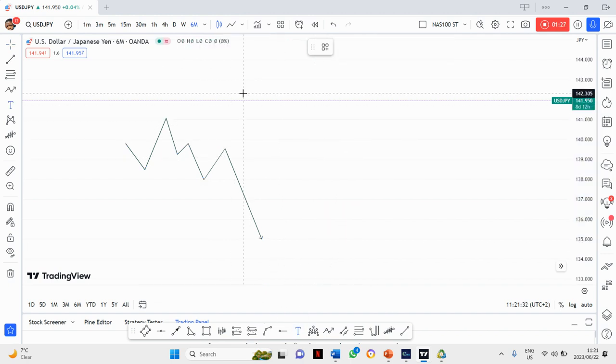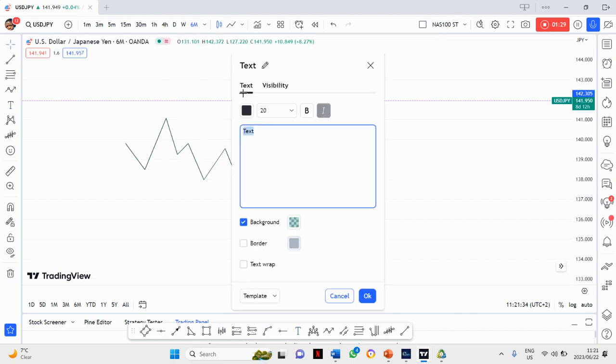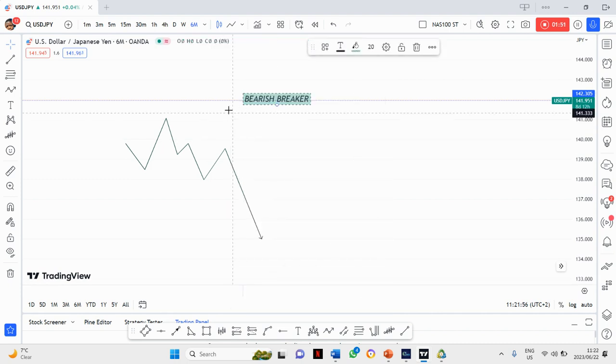So let me write it down here. Bearish breaker.